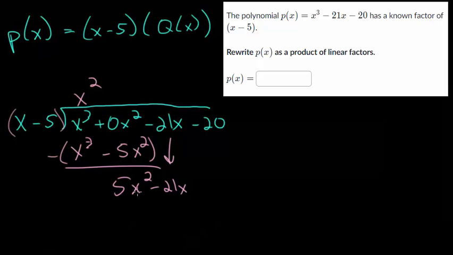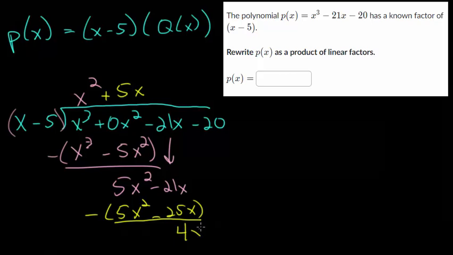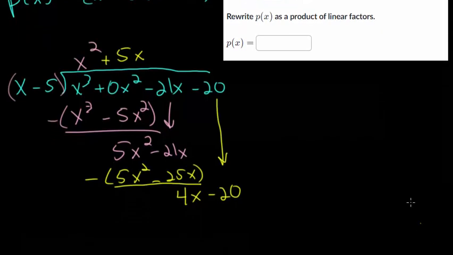If we multiply x by 5x, then we'll get 5x squared. Now we multiply to find the remainder, and 5x times minus 5 would be negative 25x. And we subtract, find that remainder. First terms cancel out. We get minus 21x plus 25x, so that would just be 4x. And we bring down the minus 20. Let me just make a little bit more room.